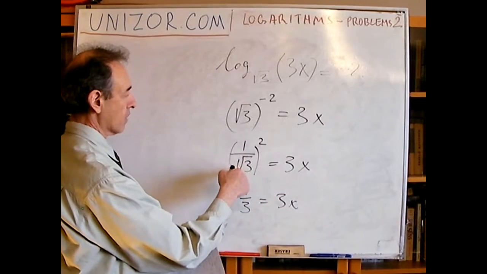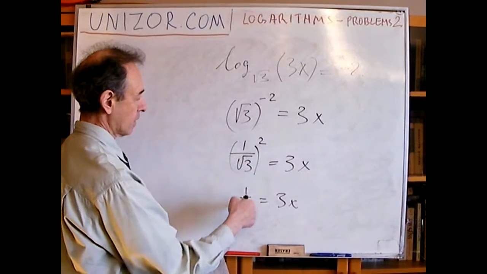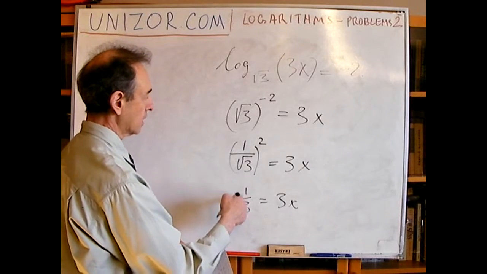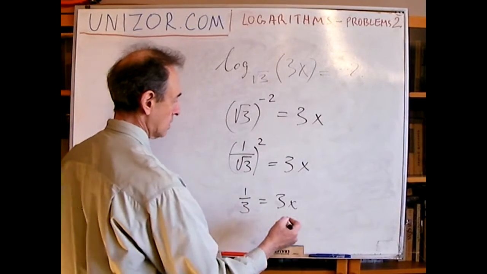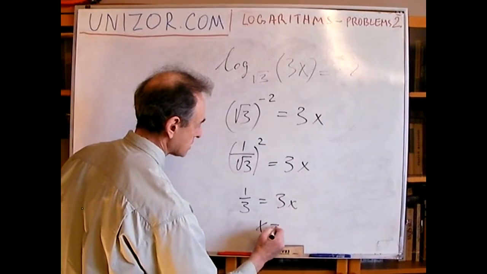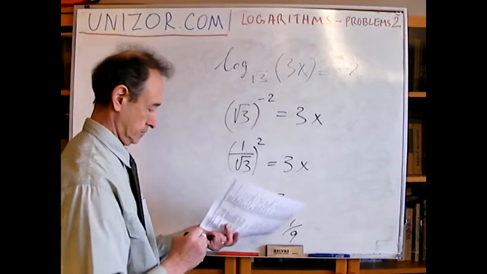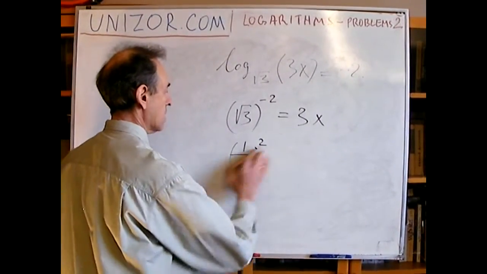So 1 over square root of 3 squared is basically squaring separately numerator and denominator. 1 squared is 1, square root of 3 squared is 3. So from here we have x is equal to 1/9, right? All right, done that.